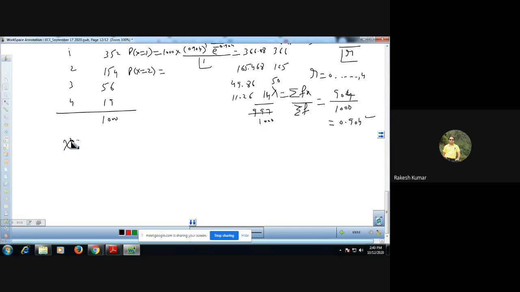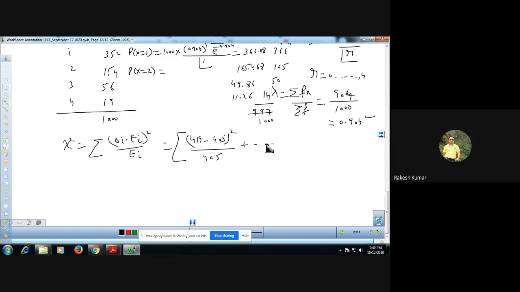Now you can apply chi-square. This is sigma of OI minus EI whole square divided by EI. This will be the sum total. And what is your first value? First value, that is OI, is 419, and the expected value is 405. Take the difference, square it, and divide by 405.